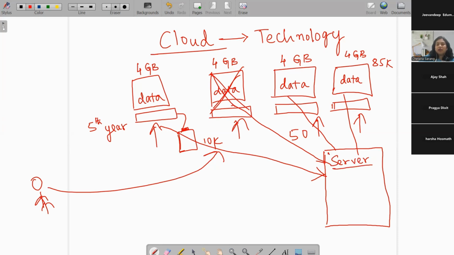It is a form of computer only, but with high processing speed and a lot of storage space. The server will give us, say, 500 GB. These numbers are very basic, just to make them understand. Say 500 GB, but it will come at a cost of 50 lakhs.